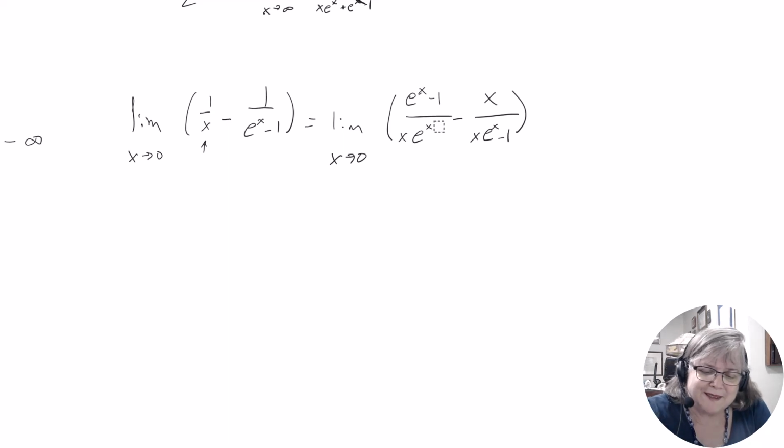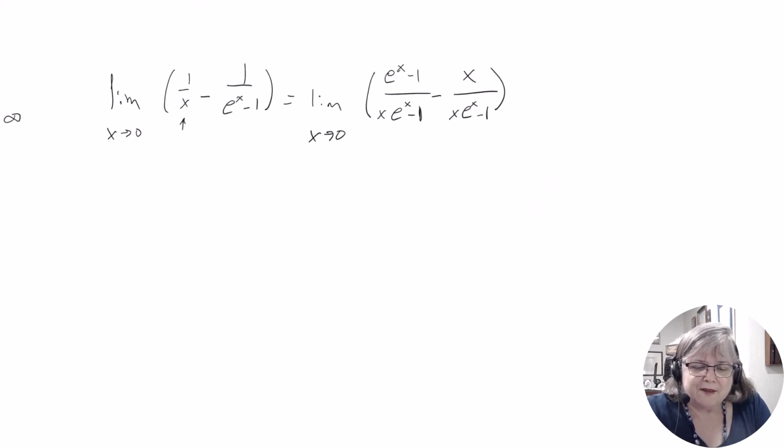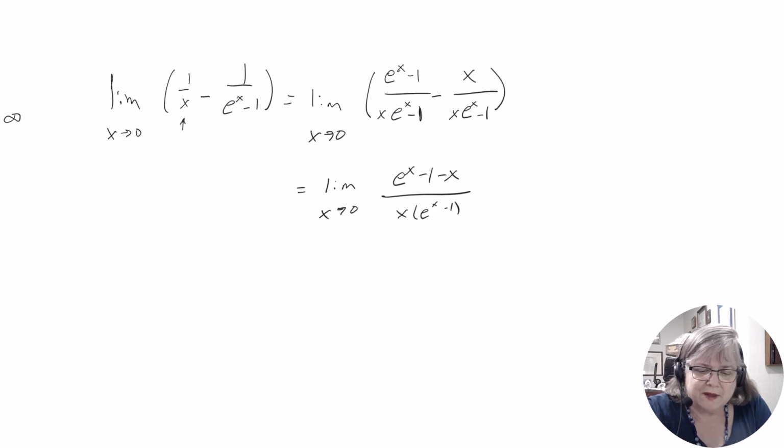And I'm just insistent on making this minus 1 be a part of the power. There. You okay? Now that gives me my common denominator. So I have e to the x minus 1 minus x over x(e to the x minus 1). There needs to be parentheses around here.